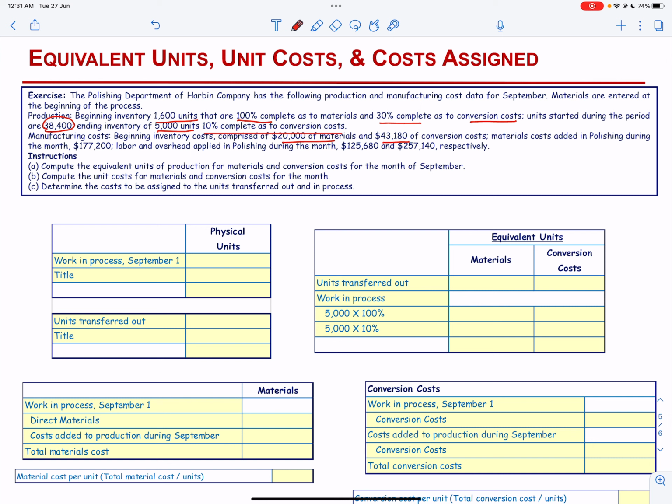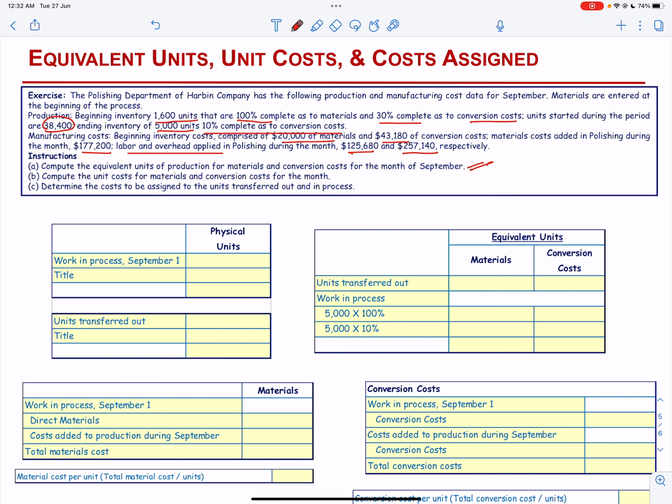Material cost added in polishing during the month is 177,200. Labor and overhead applied in polishing during the month is 125 and 257 respectively. So we have to compute the equivalent units of production for materials and conversion cost for the month of September.